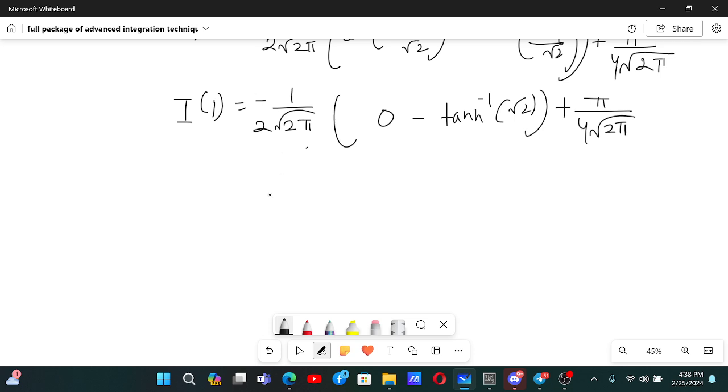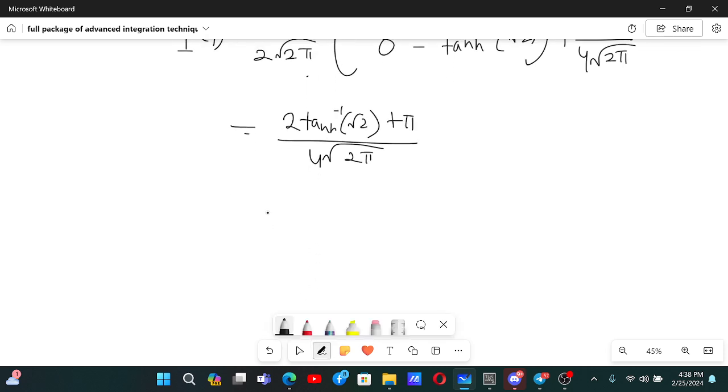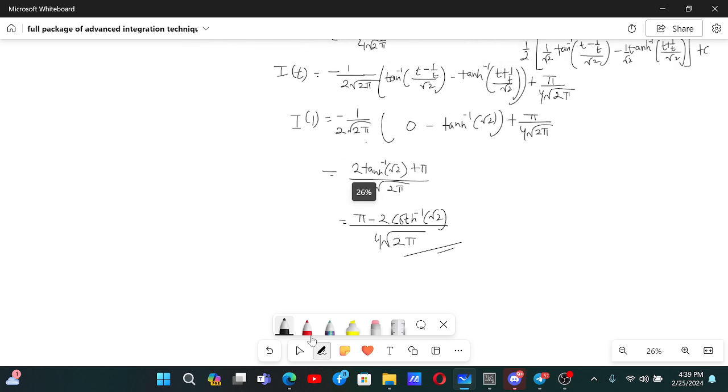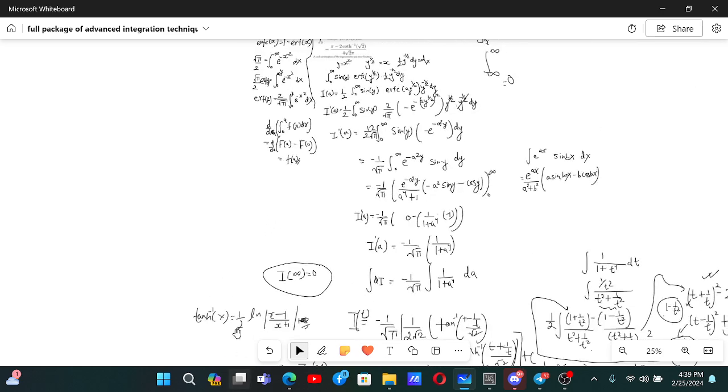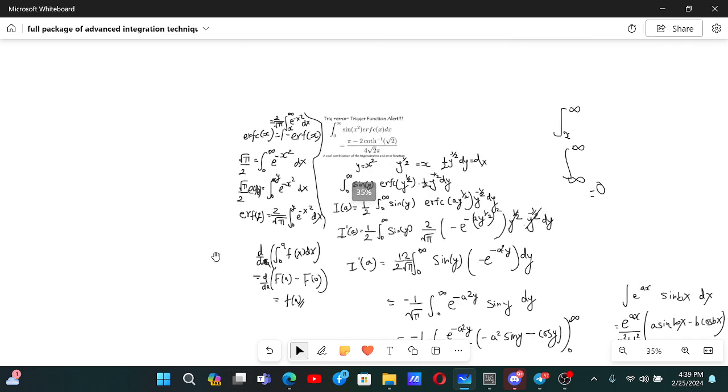This minus minus will also be plus, so that will be 4 root 2 pi, that is 2 tan h inverse root 2 plus pi. Now tan h inverse root 2 is the negative of cot h inverse, that's why we have pi minus 2 cot h inverse root 2 by 4 root 2 pi, and that's the answer.